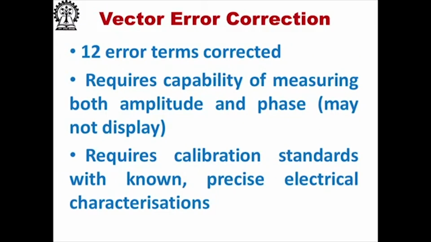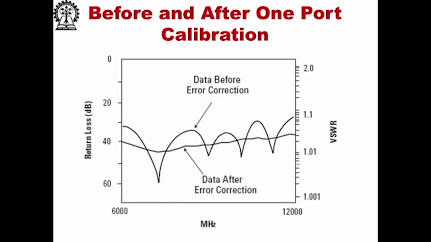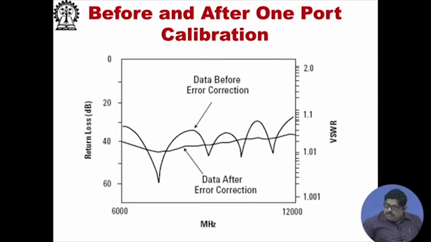Now, vector error correction: if you do this model, 12 error terms are corrected. It requires the capability of measuring both amplitude and phase, and requires calibration standards with known precise electrical characterization. So, you see that the data before correction is this curvy curve, but after error correction it may become something like this.